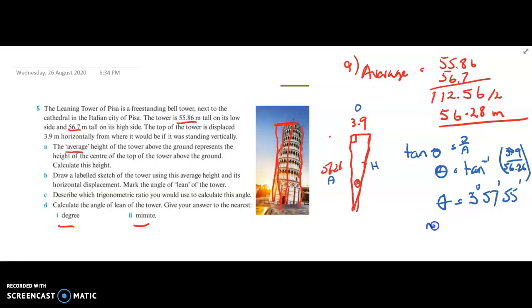So therefore, it is approximately 4 degrees to the nearest degree, or approximately 3 degrees 58 minutes. Remember, the cutoff is 30. If that was 49, it would still round off, because 30 seconds rounds off to the next minute.